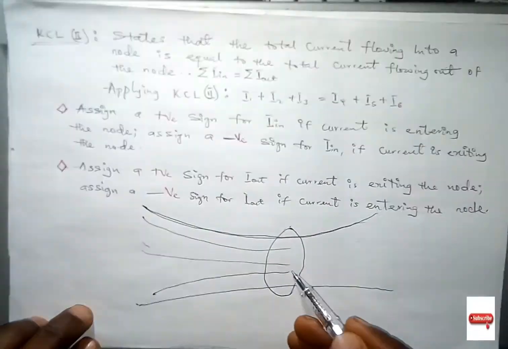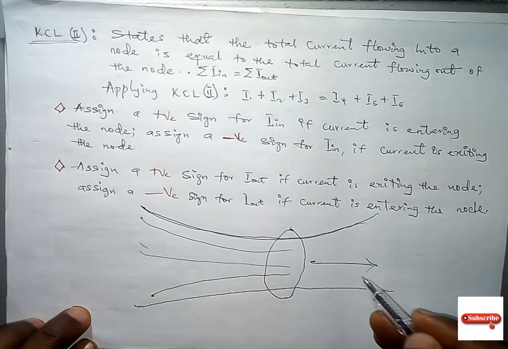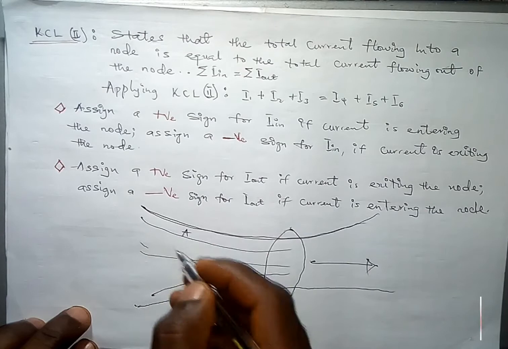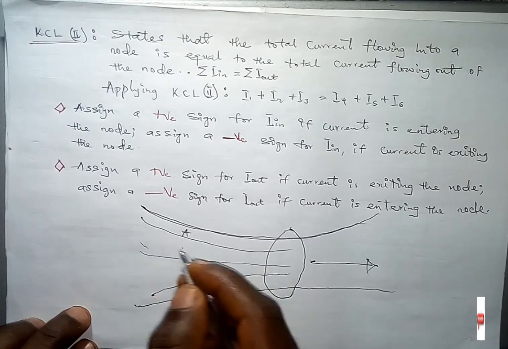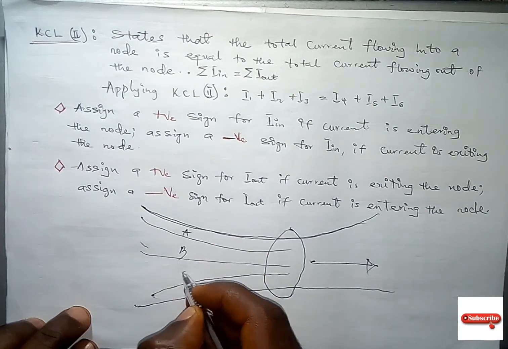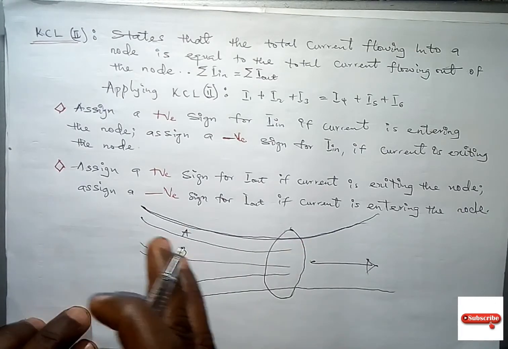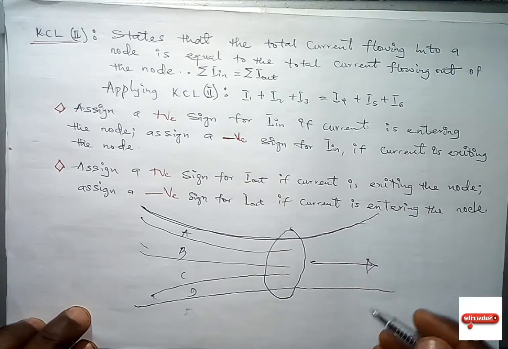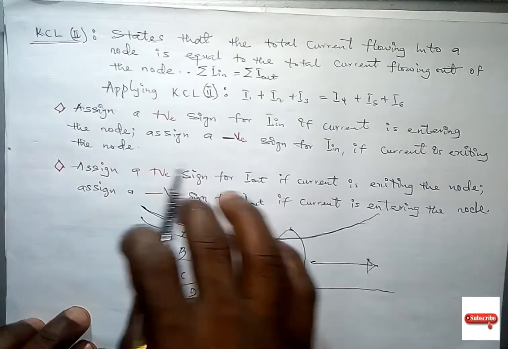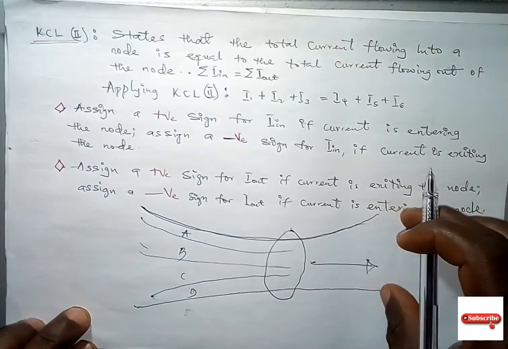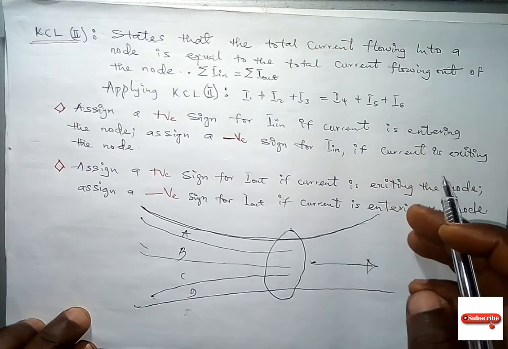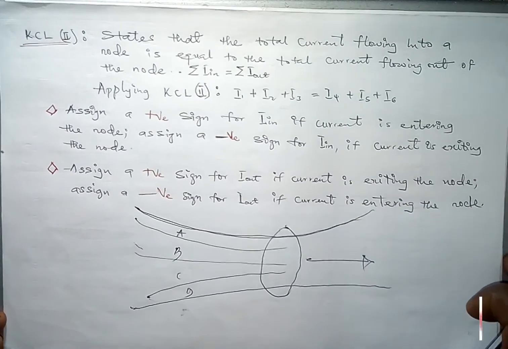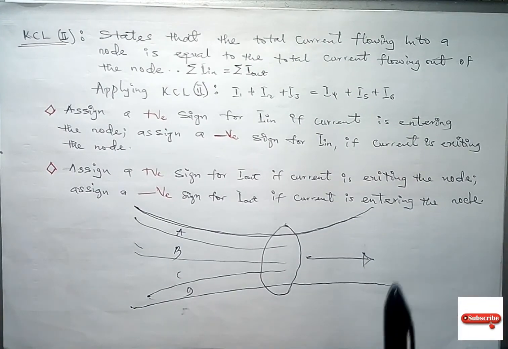Let's say water is coming from different channels, B, C, D, and this is just a single opening here. It doesn't matter. The same amount of water that enters here is the same amount of water that is going to come out here. It's just a matter of time. So that is the secret behind Kirchhoff's current law, the second method.